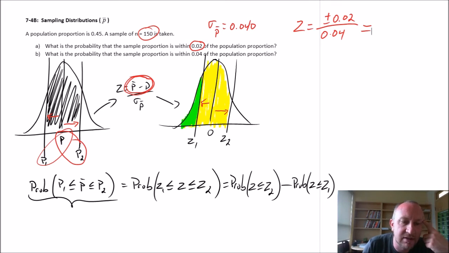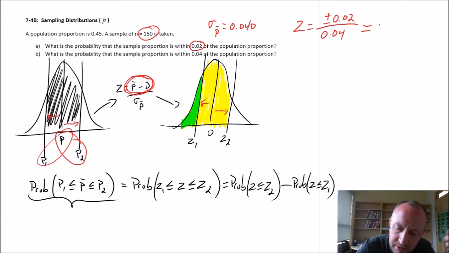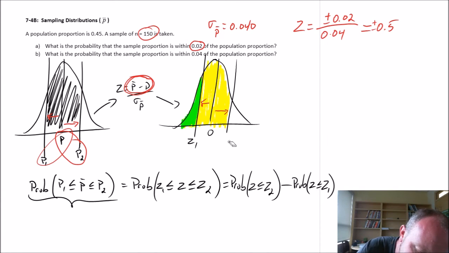So this gives us 0.02 divided by 0.04, so 0.5, plus or minus 0.5. So for part A, we're looking at plus 0.5 and minus 0.5.